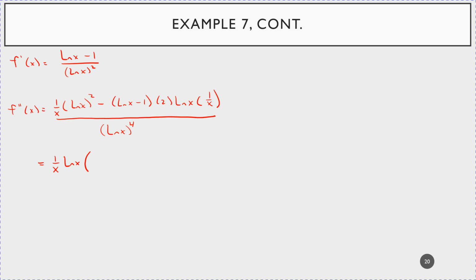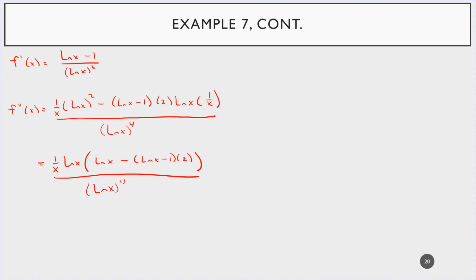I have an ln of x here, minus, and then in parentheses, ln of x minus 1 times 2, because notice I factored out an ln of x and an x over here, all over ln of x to the 4th.